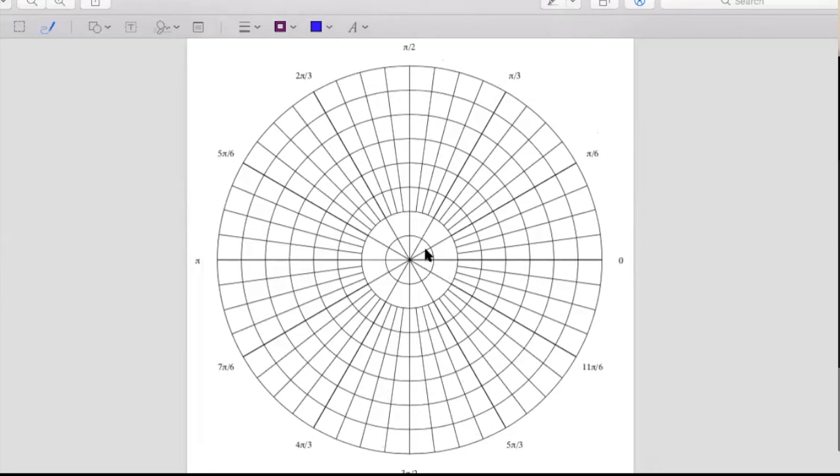This is different. This starts here, the same way we do when we're creating angles, and we give you 2 different coordinates. One is we say, okay, rotate around the circle 2 pi over 3, and then go out 4 spaces. So I think that's 1, 2, 3, 4, right?